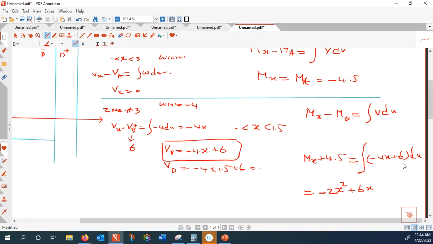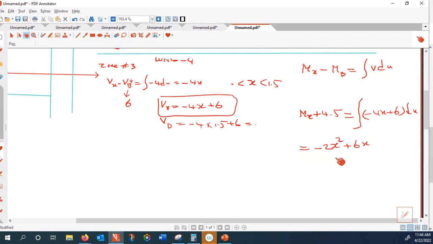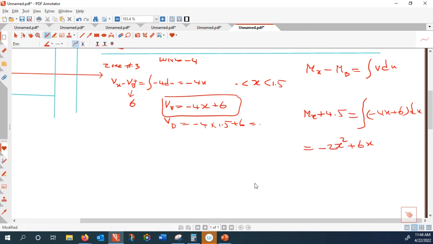And then that one, I should take it to the right-hand side. So M of x for the third zone, that is minus 2x squared plus 6x minus 4.5.